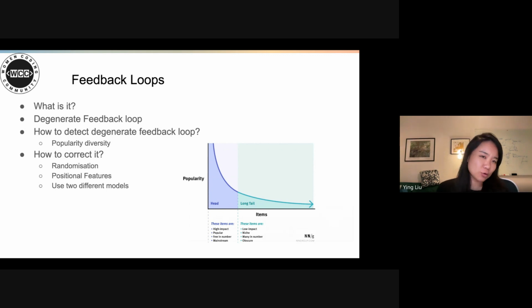Because Marvel's movie is so popular, it will obviously get on top of your list, and you will start to click on it. The thing is, the prediction results would affect your user behavior as well.